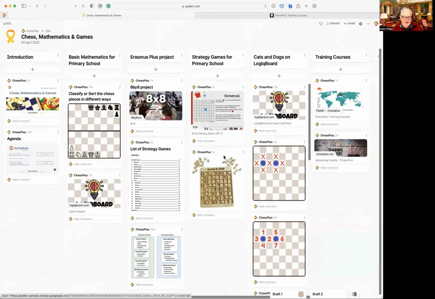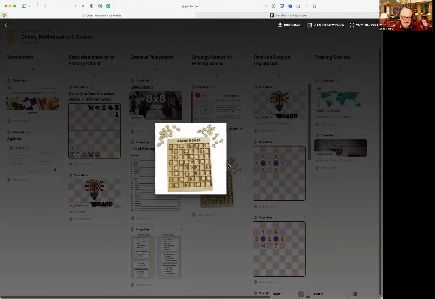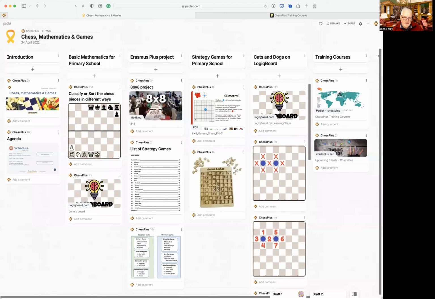Okay. So the other way of doing it physically, of course, if you want to, is to use a customized board. So this is a board which is used, that's Cats and Dogs in Portuguese, and it's the board you would use in playing the game.